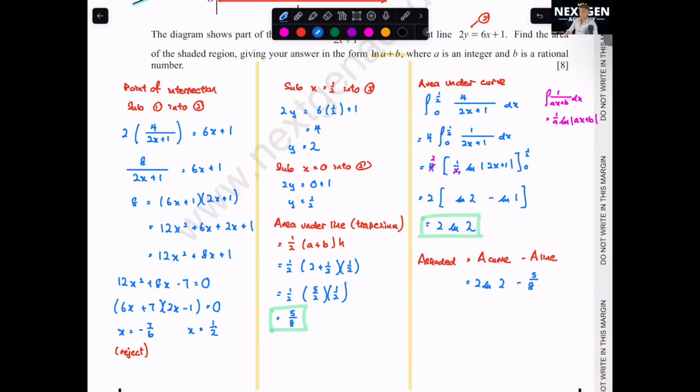This is not the final answer yet. They want us to put it in ln A, that means no value in front. A is an integer. So we use the power rule, bring the 2 to here, 2 squared. So it becomes ln 4 minus 5 over 8.